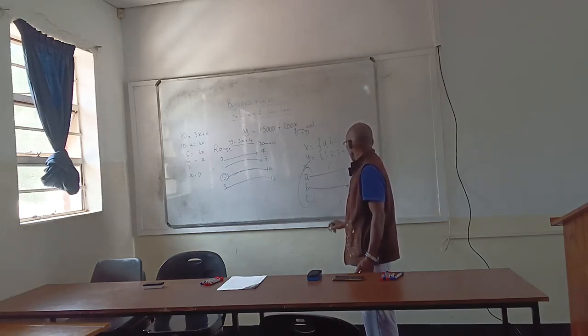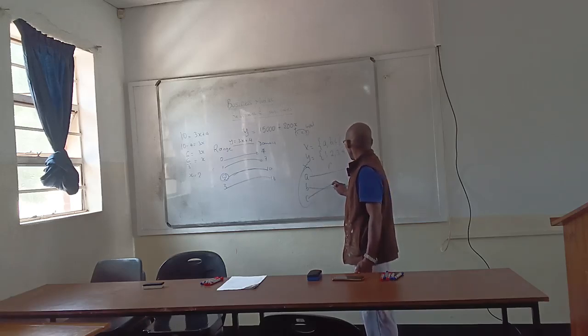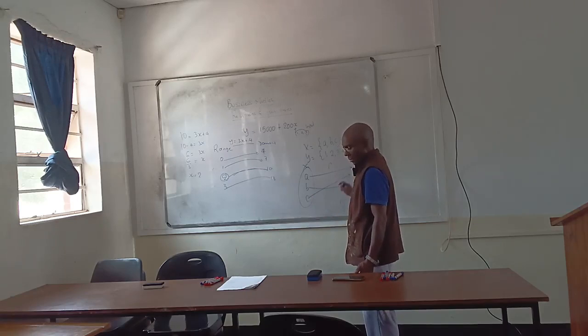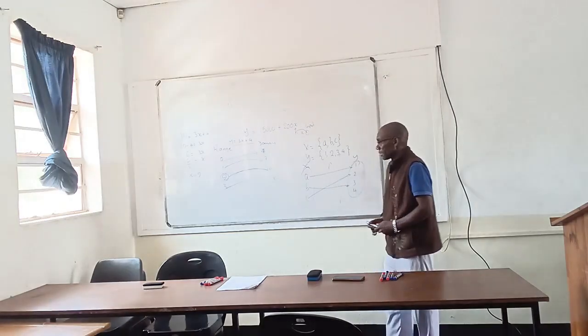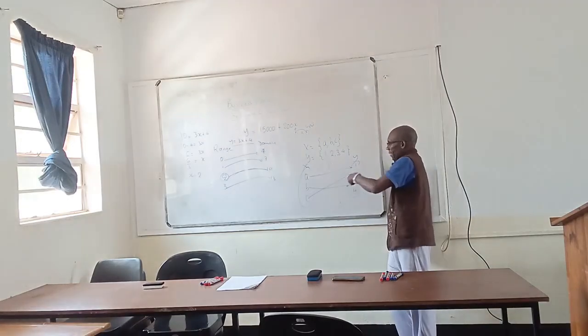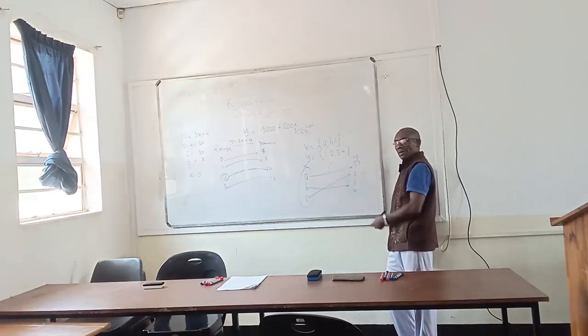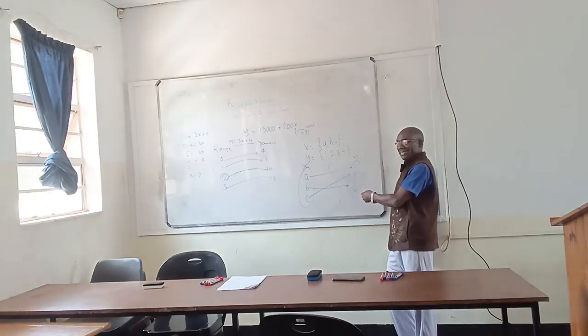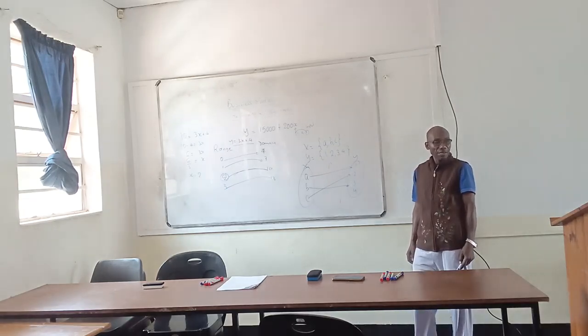So you can see that these elements can find friends in this set. But because there are 4 members here, it means one member is going to be a bachelor.